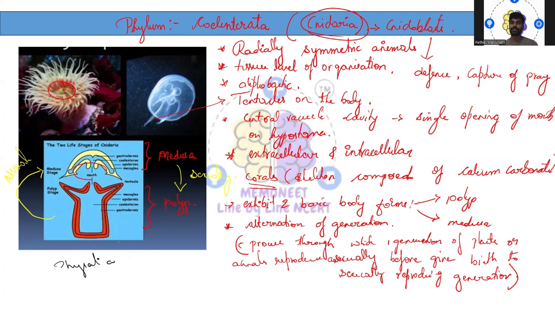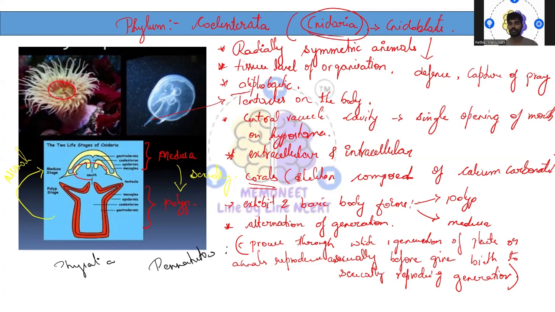Physalia is actually called Portuguese man of war, right? Another one is sea anemone, and the sea pen, that is nothing but Pennatula. So some of the examples of the phylum Coelenterata.